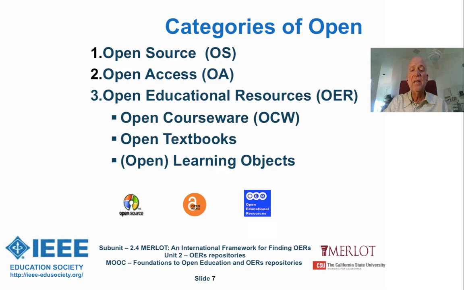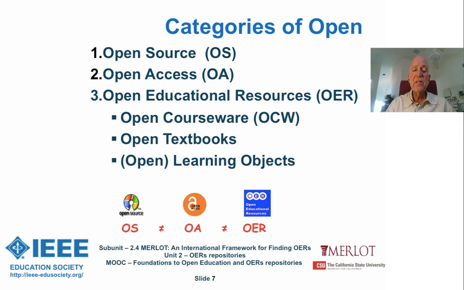So if somebody is talking about open source books, that's an incorrect use of the words because open source is software. Open access, yet another kind of openness, refers to published material, either journal articles or textbooks. So software is not open access, it's open source. Journal articles or textbooks can be categorized as open access.